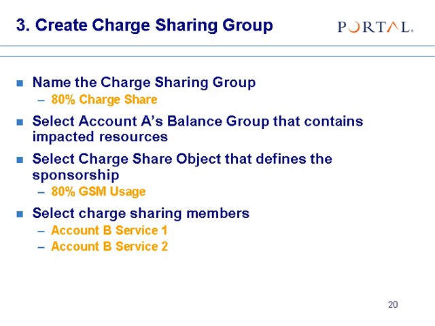Then I will need to go into Customer Center to actually create the charge sharing group. So I'll name it 80% charge share. Account A's balance group will contain the impacted resources. I'll select the charge share object that I just created in Pricing Center, and then I'll add the charge sharing members for account B, both Service 1 and Service 2.